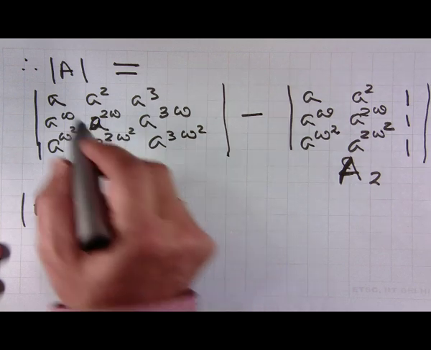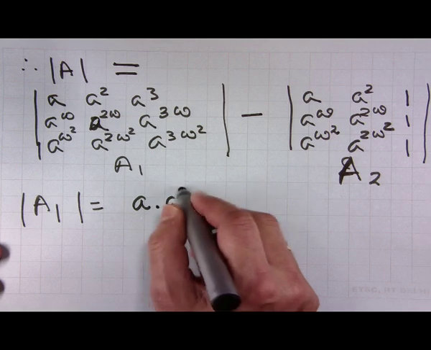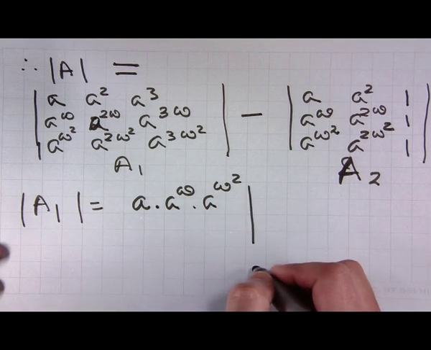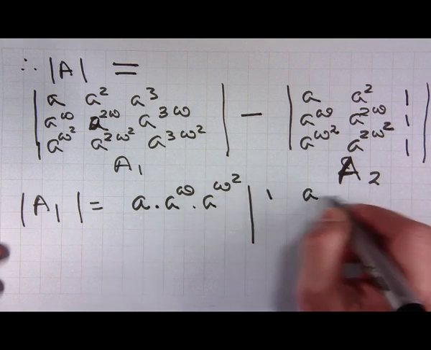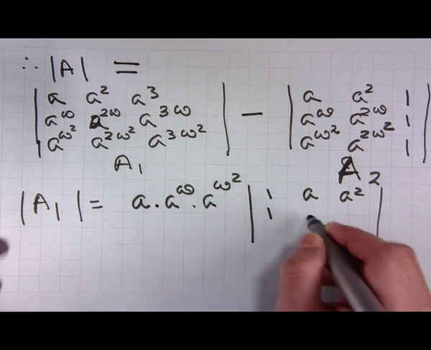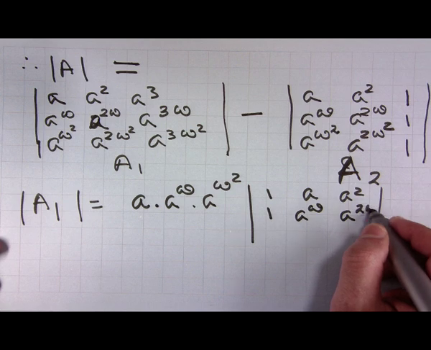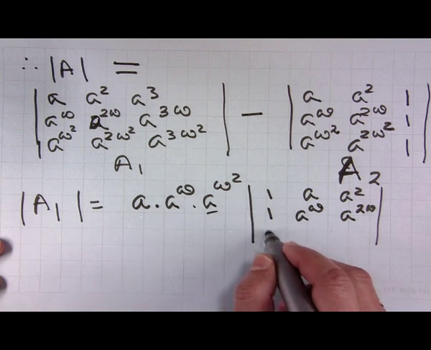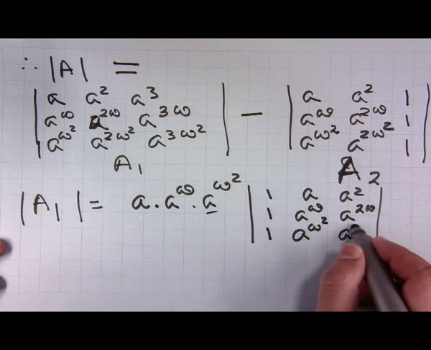Therefore, if we take the terms out, what we get? a dot a to the power omega dot a to the power omega square into the determinant of, if we take a out of the first row, it becomes 1, a square; if I take a to the power omega out of the second row, it becomes 1, a to the power omega, a to the power 2 omega; and if I take a to the power omega square out of the third row, it becomes 1, a to the power omega square, a to the power 2 omega square.